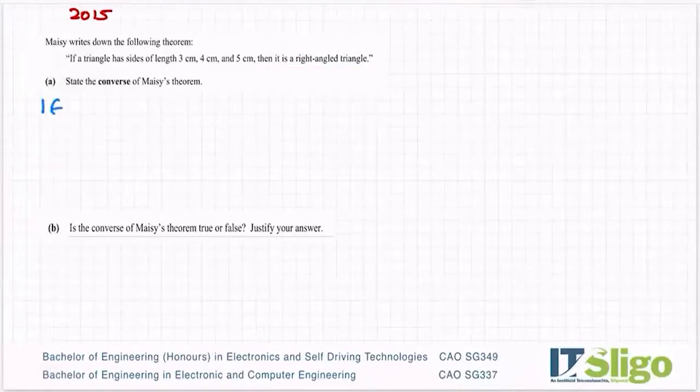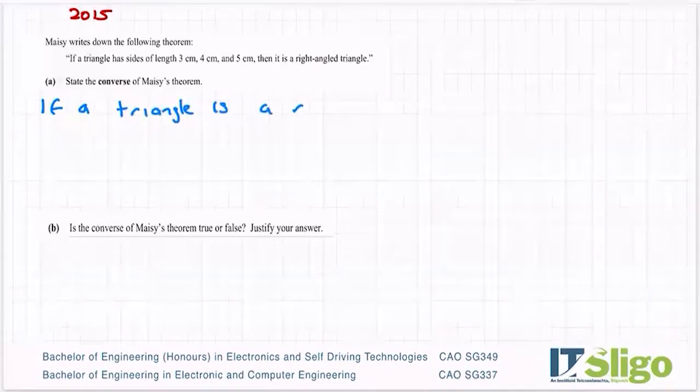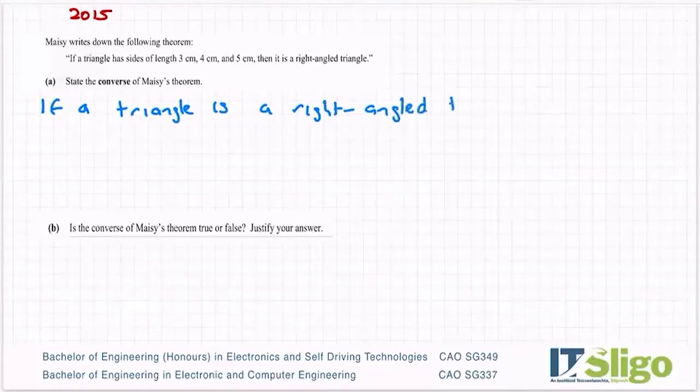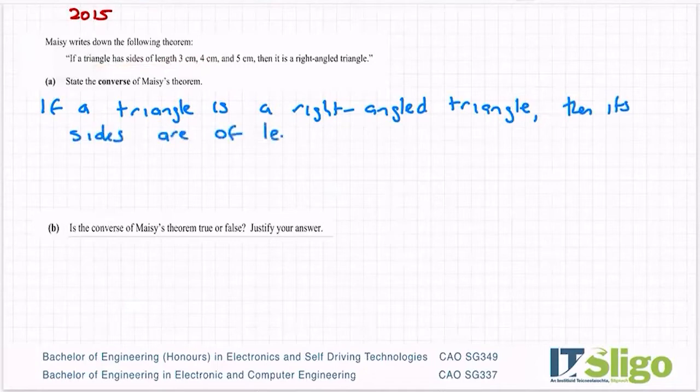So if a triangle is a right-angled triangle, or if we have a right-angled triangle, you could also say something like that. And then you go back for the first piece. Then its sides are of length 3 centimeters, 4 centimeters, and 5 centimeters. Okay, so that would be what's called the converse of that statement.